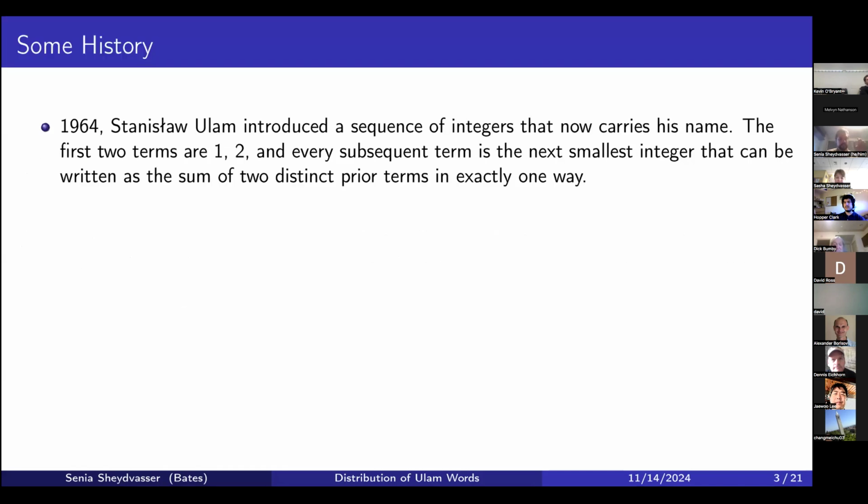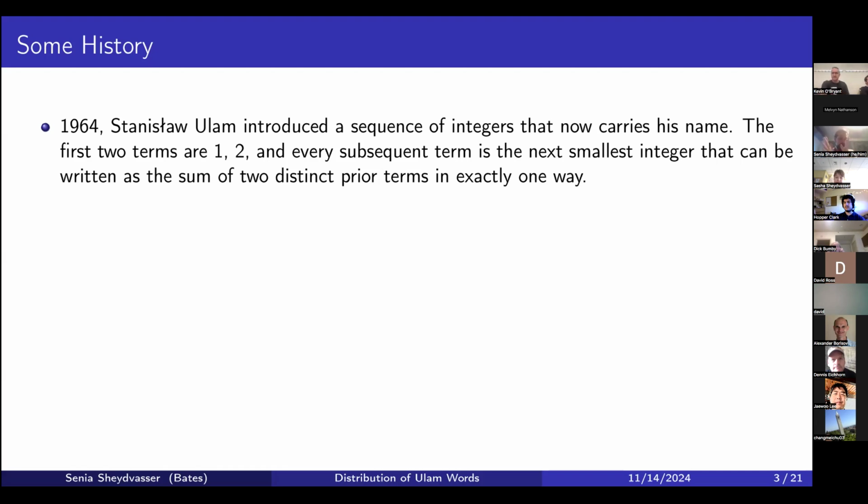Okay, let me begin with a little bit of history to set what I'm going to talk about in historical context, a bit of background. In 1964, physicist Stanislaw Ulam, in a paper and a book, mentioned a sequence of integers which has since been named after him.